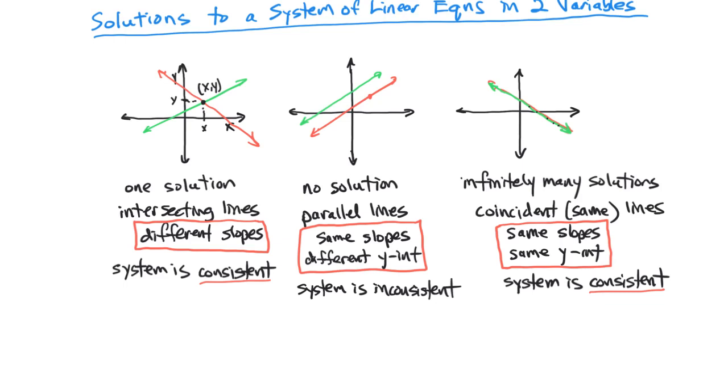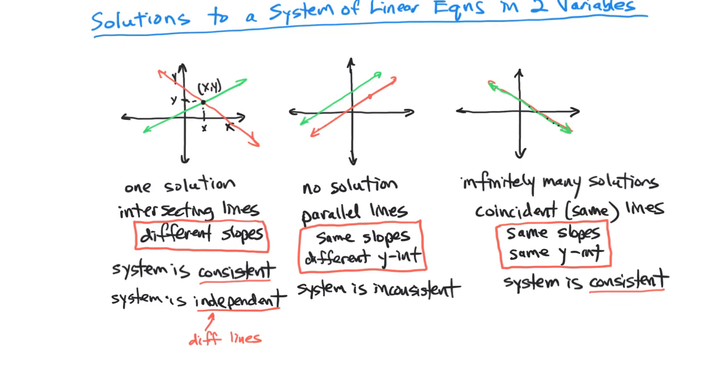Then another term that you'll see sometimes is independent. This is another one the book will mention occasionally. I'm not really going to say much about this as far as asking you questions about it, but in this case we can say the system is independent. When you see this word independent, it just means the lines are different. The lines are not the same.